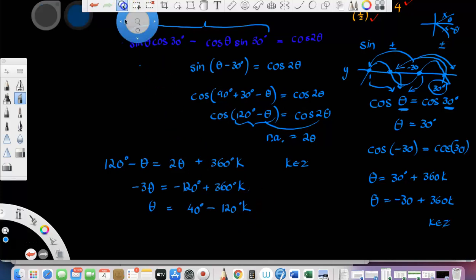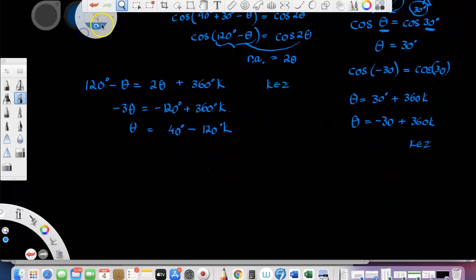It's not my only solution though, because that is just the positive side. The negative side, just like here for cos, I use it in the first quadrant, now in the second quadrant. So now I take my reference angle and I multiply it with a negative.